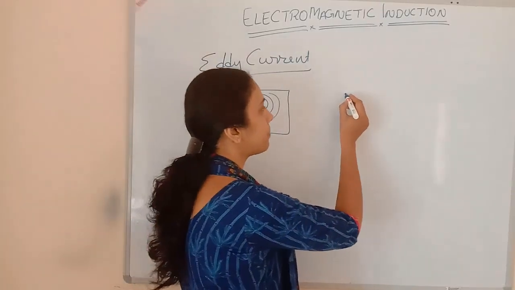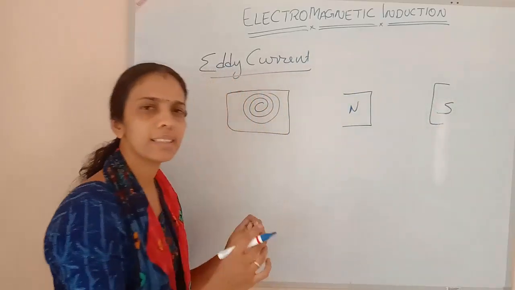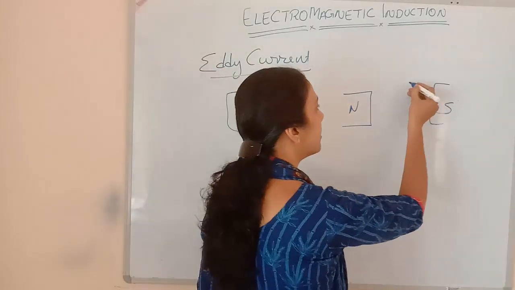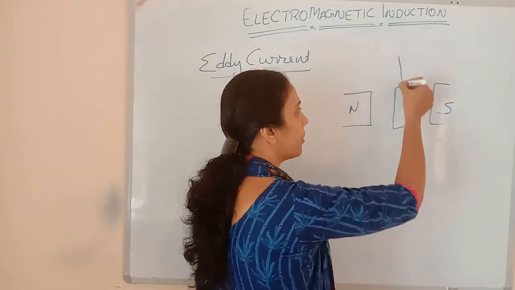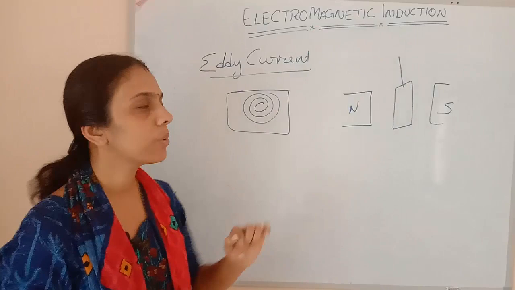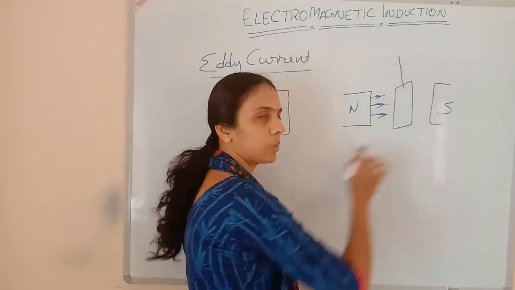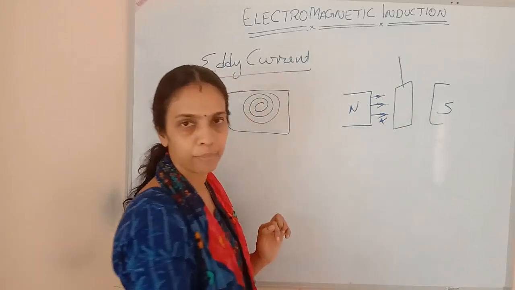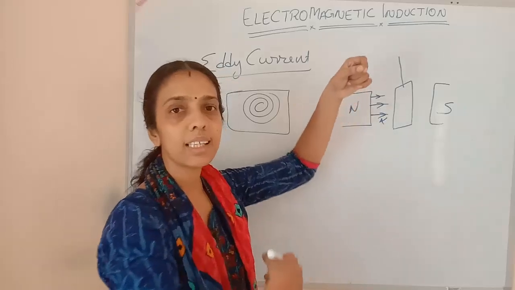So what is the use of eddy current, and how is it produced? Consider a plate of conductor placed between magnetic poles, so that magnetic flux passes through the plate. Suppose we are not applying any magnetic field and we oscillate this plate.